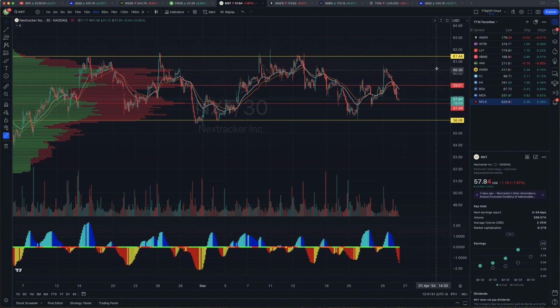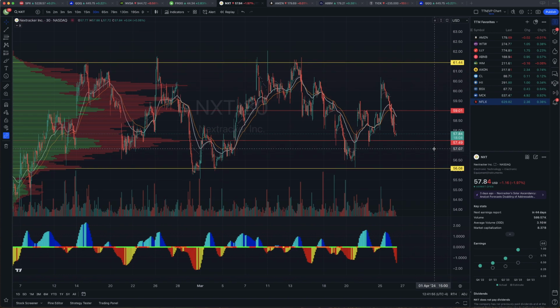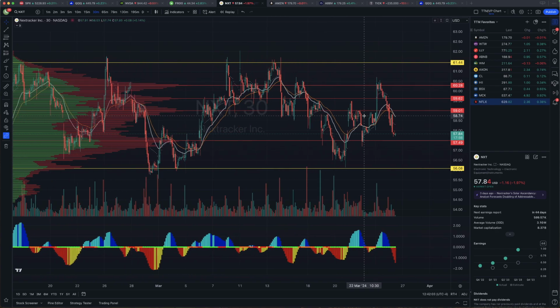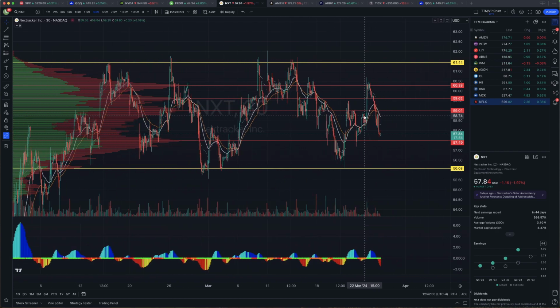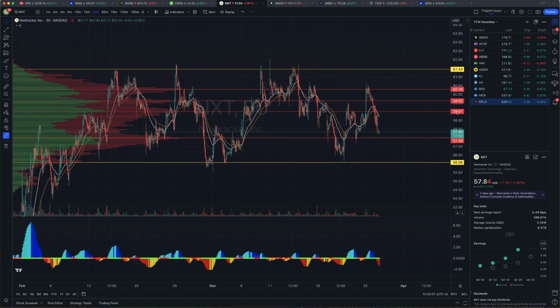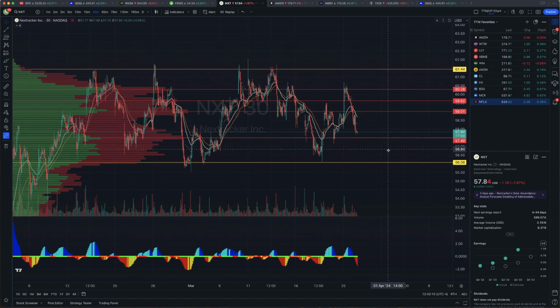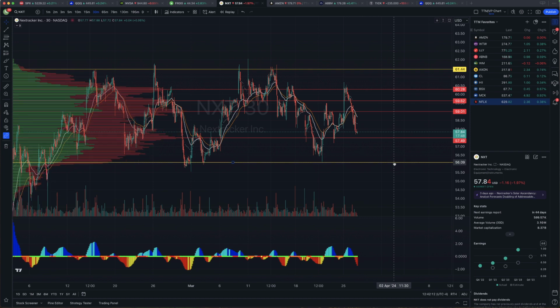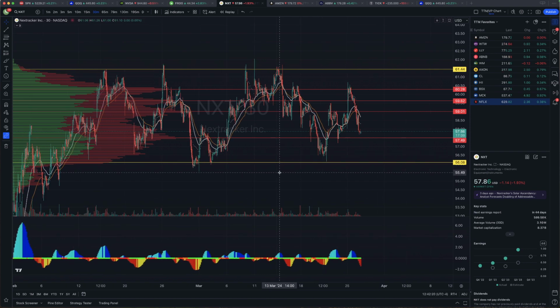There are probably about 4 primary points here. But if I was playing this on the daily, my stop would be down here at 56.09. That would be where this trade breaks down for me.